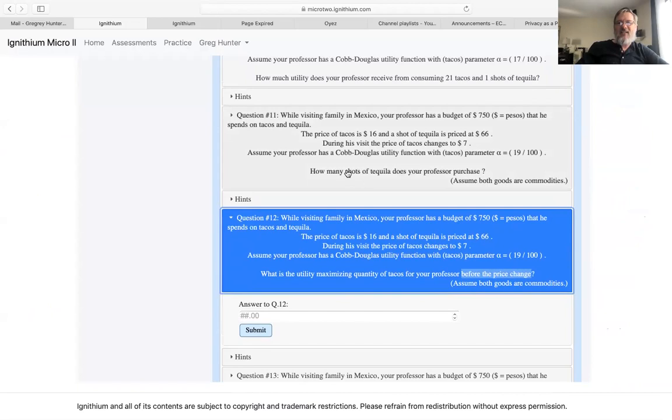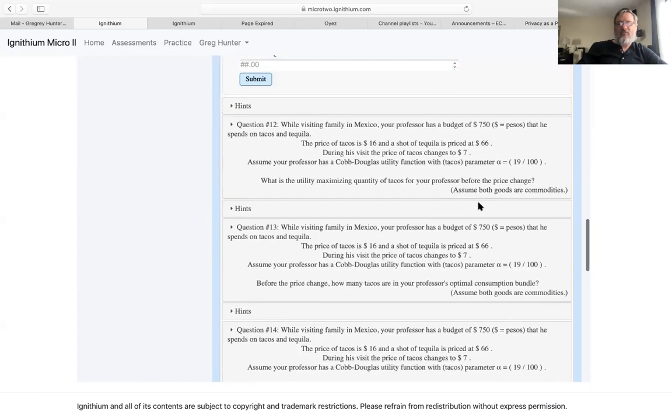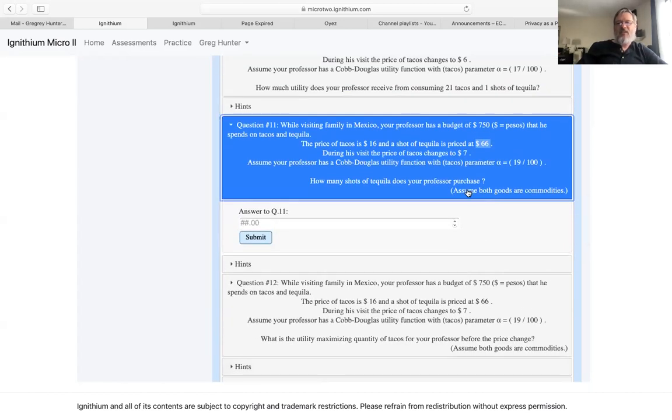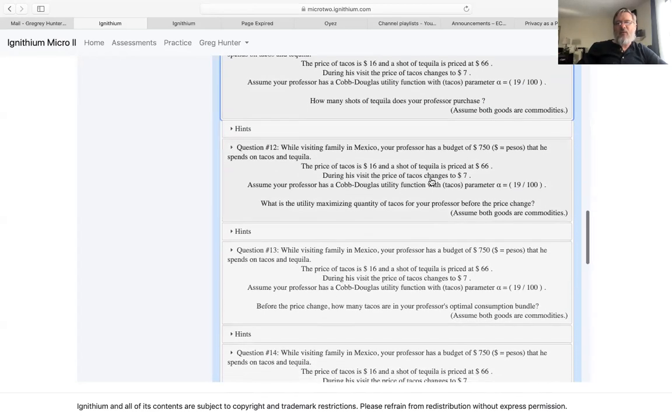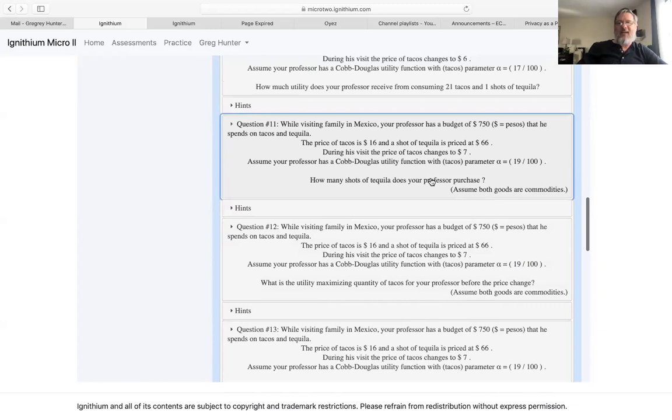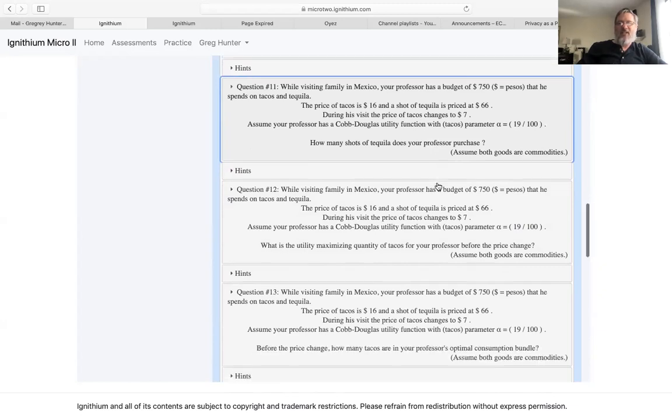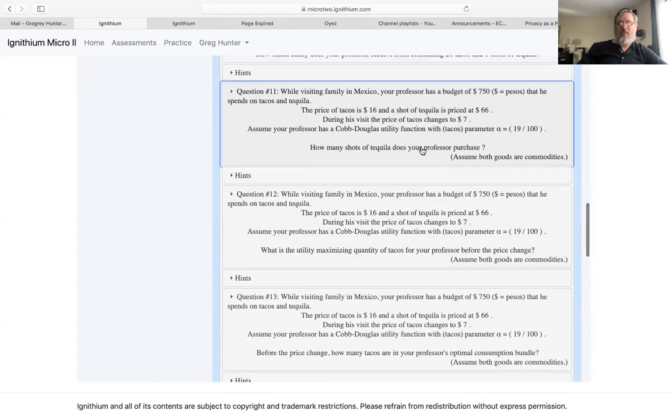Here, this should actually have said before the price change because we just used the prices before. Well, I guess it doesn't matter, right? Because it's tequila and the tequila price doesn't change. So we're fine. It presumably could matter, but it turns out not to. So we're talking about tequila, so there's no ambiguity in the price issue.